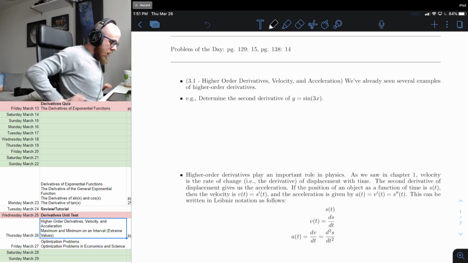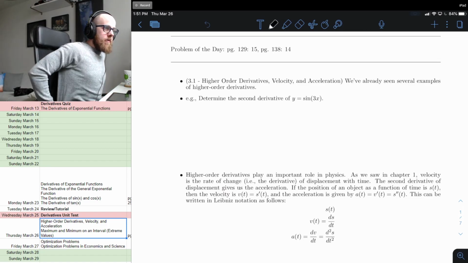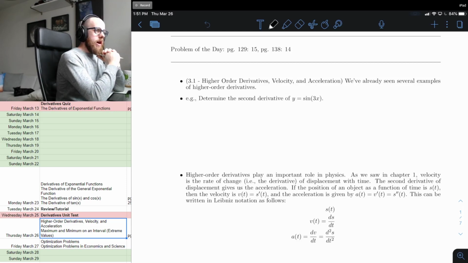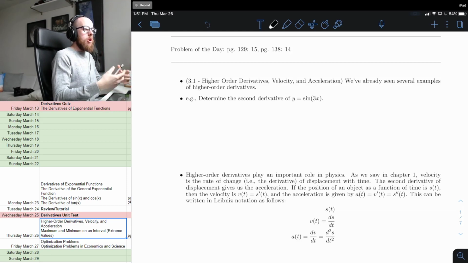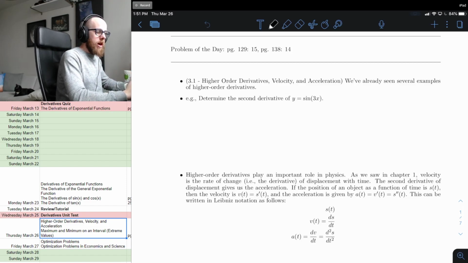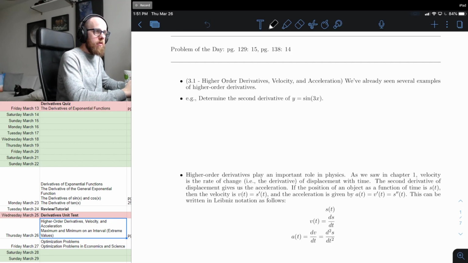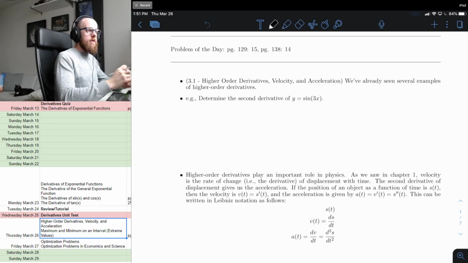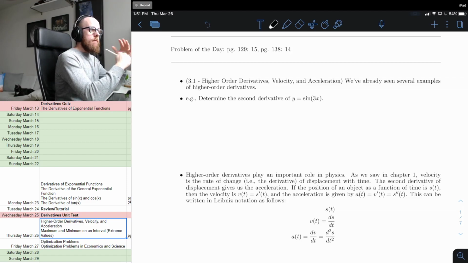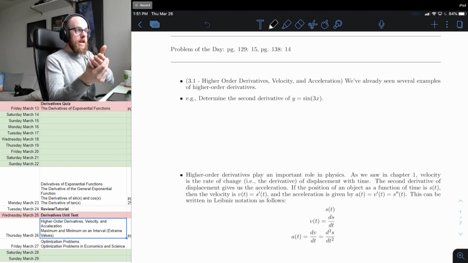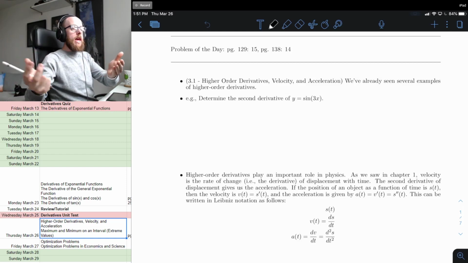Okay, so the first part of this lesson, 3.1, I've already sort of shown you guys, and you've already been doing it without having been formally taught it, just because it's nothing you can't already handle. That's the concept of higher order derivatives. Instead of just taking the derivative of a function, you can take the derivative and take the derivative again, right?